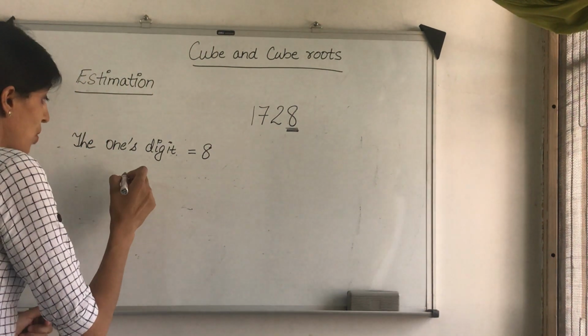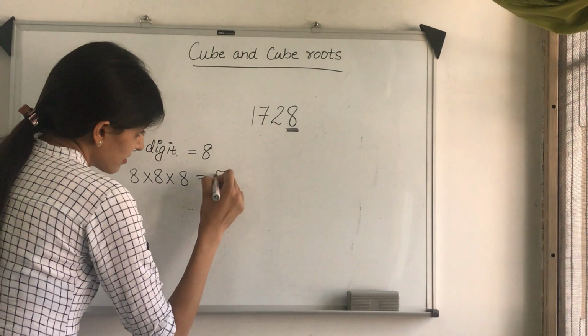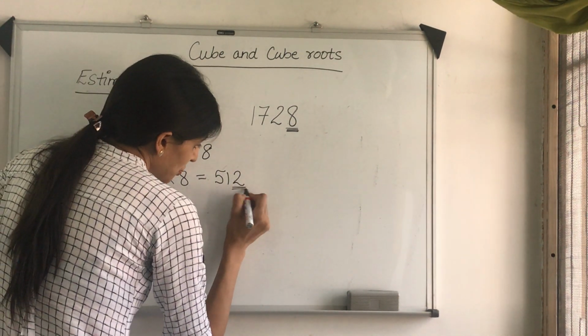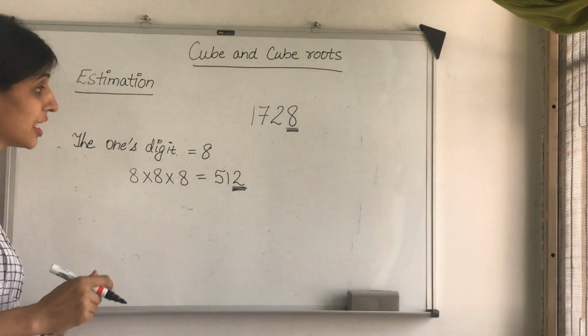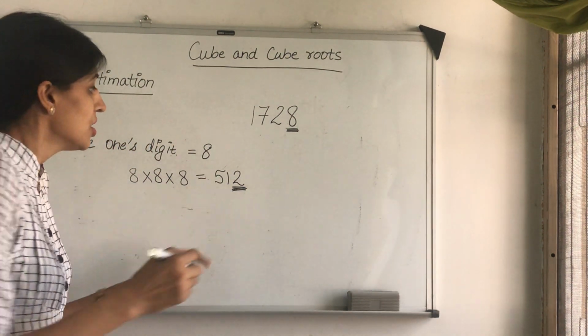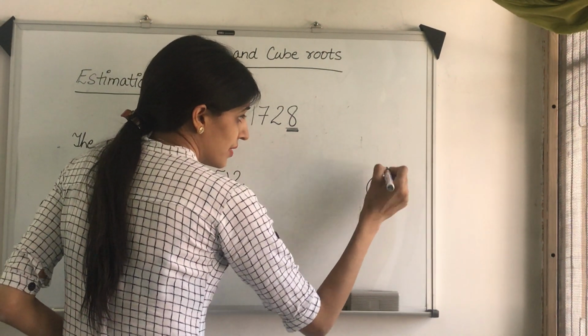So if I do the cube of 8, the answer will be 512. That means 2 is the ones digit of the cube. So separate this 2 over here.